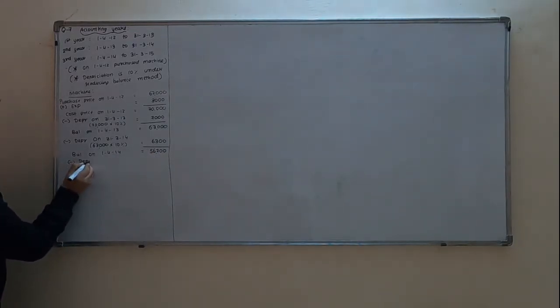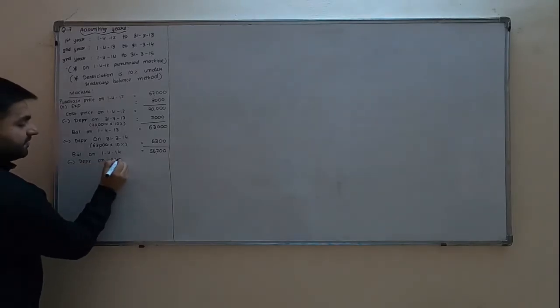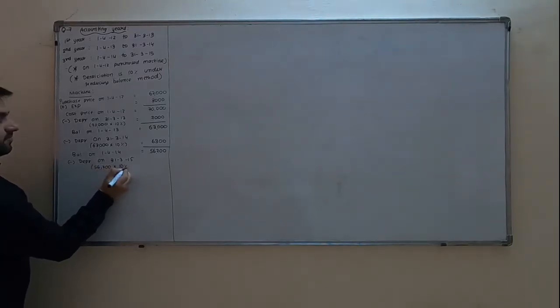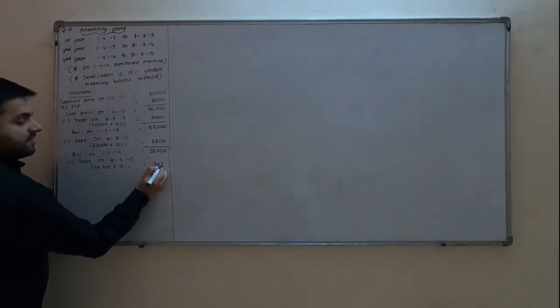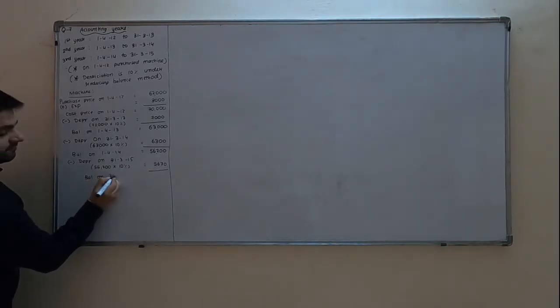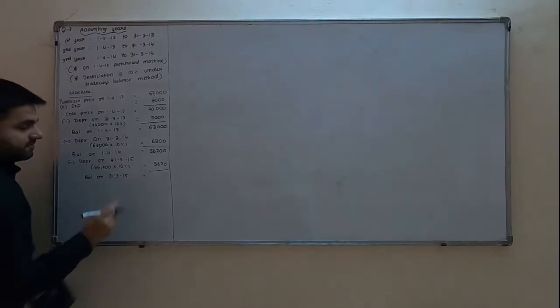Again minus depreciation on 31/3/15. Now it will be on 56,700 into 10%, which is 5,670. Now the balance on 31/3/15 only, because now there are no more years.